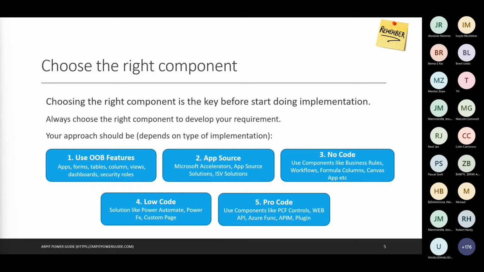You don't need to develop things from scratch, but it's totally up to your organization or your customer's decision whether you want to adopt these accelerators or any app sources. There are n number of apps or solutions published by independent software vendors in the app source, so you can go and check out some of the features.